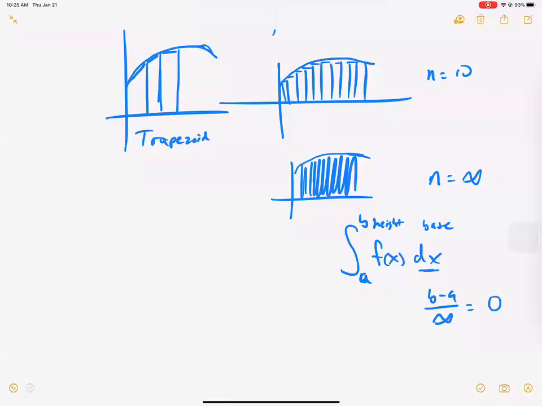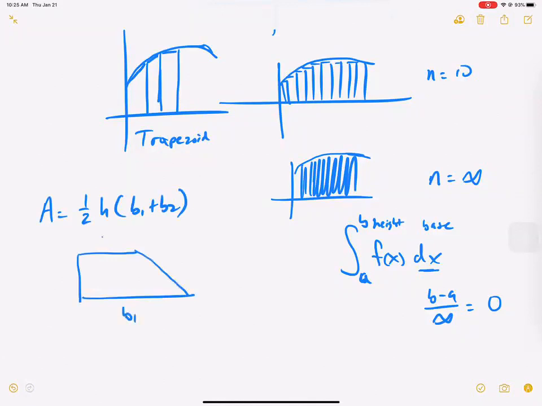Okay. So let's go ahead and talk about trapezoids today. Let's talk about the area of a trapezoid. Area of a trapezoid is 1/2 height, b1 plus b2. Now, let's look at the shape of a regular trapezoid when we look at it. So we have a base 1, a base 2, a height.